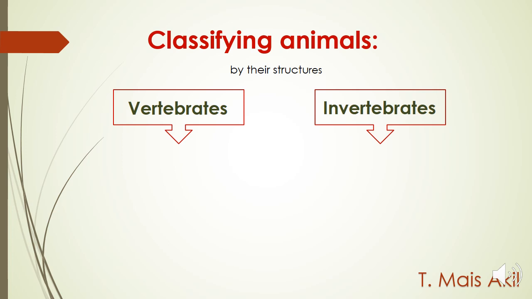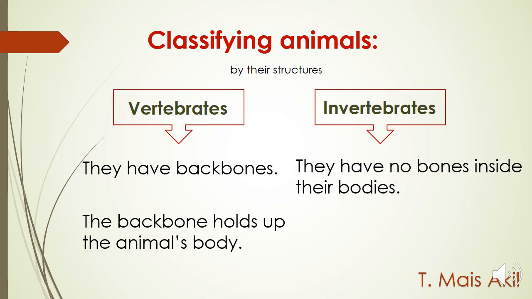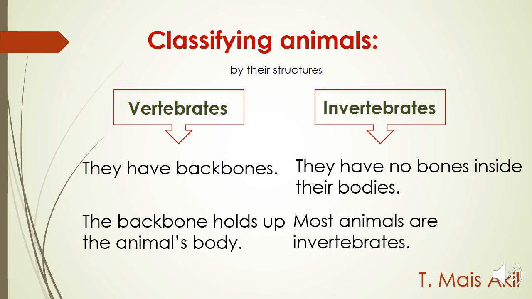The vertebrates have backbones, and the backbone holds up the animal's body. The invertebrates have no bones inside their bodies, and most animals are invertebrates. So the animals on earth, the invertebrates, are more than the vertebrates.